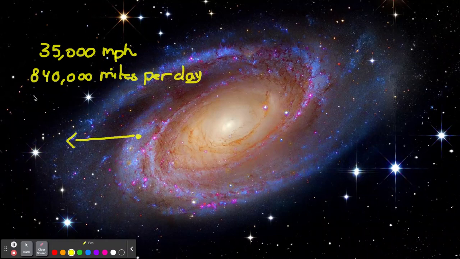And at that speed, that's 307 million miles per year. Still nothing. Think about how vast the Milky Way is. Remember, I told you, we're talking about quadrillion miles over here.